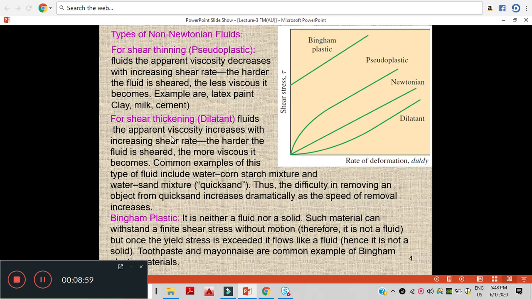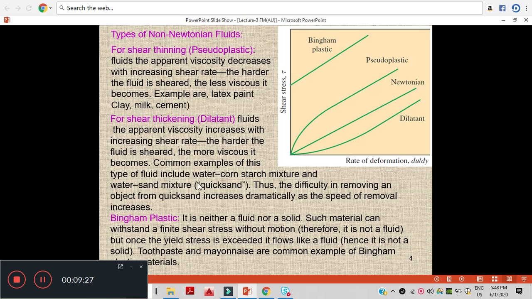Next, the shear thickening fluids, which are also called dilatant fluids. So what are dilatant fluids? The apparent viscosity increases with increasing shear stress. So as we increase the shear stress, their viscosity also increases. For example, a water and corn mixture, or water and sand mixture.